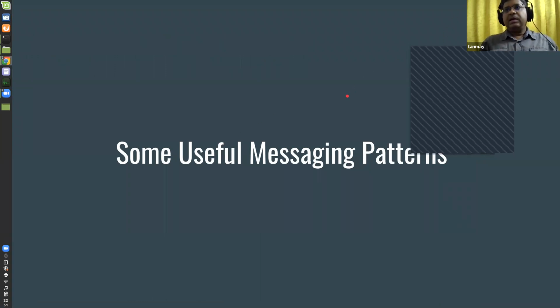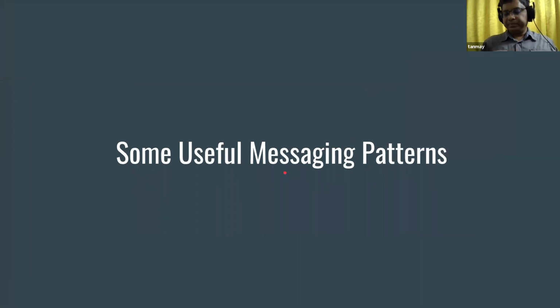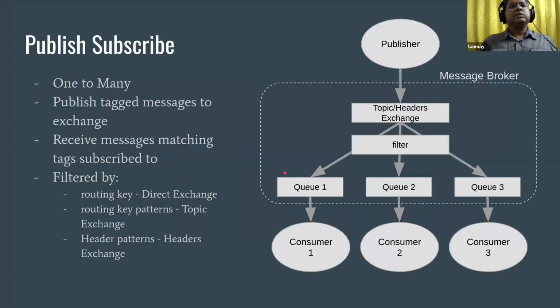Okay, let's see some useful messaging patterns. First, let's cover some of the messaging patterns that the exchanges provide by default. We had mentioned earlier that the exchanges can be of different types, and based on the type, they will route differently.